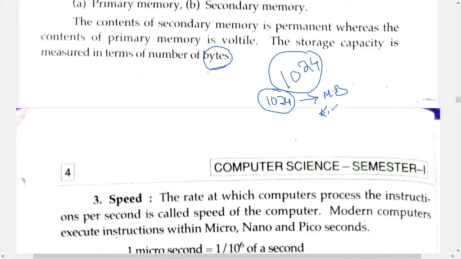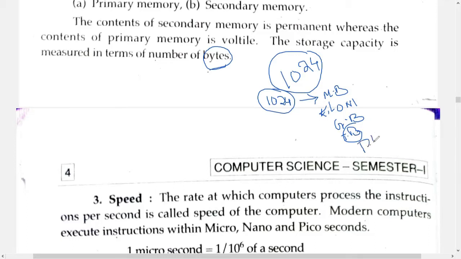Then megabytes, gigabytes, GB, which we generally use. Then terabytes, 1 TB, that is 1024 GB. Generally, we have 1 TB hard disks. We use this, right? 1 TB.